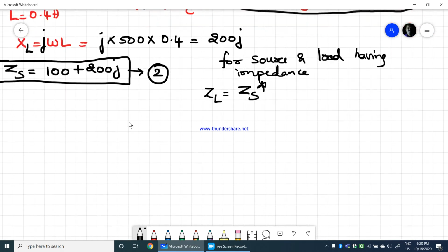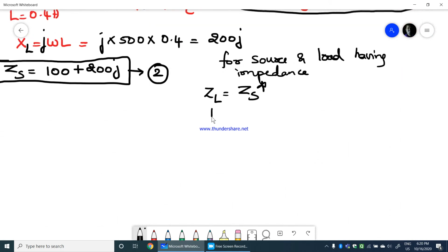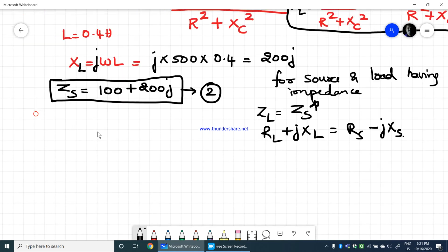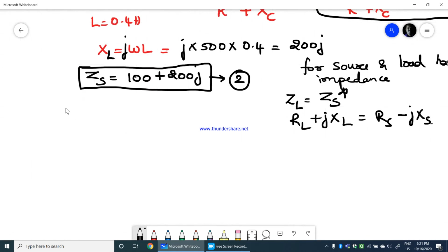It means that RL plus J into XL equals RS minus J into XS. Now, if you see thoroughly, RS is given as 100 and XS is given as 200. So RS is 100 ohms, XS is 200 ohms.